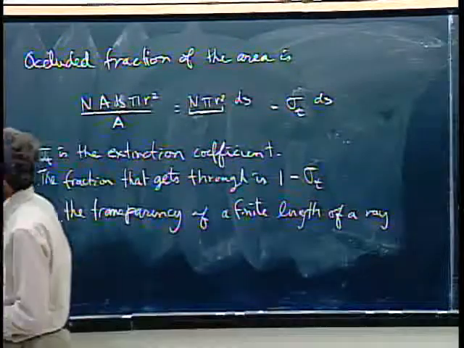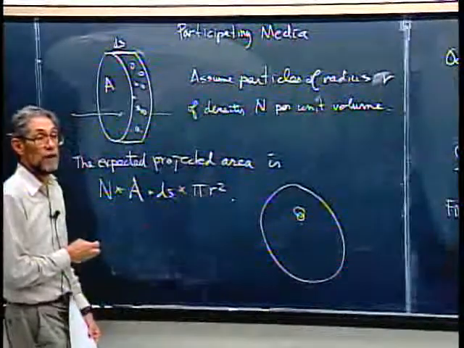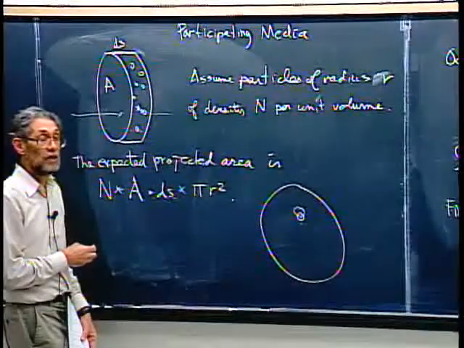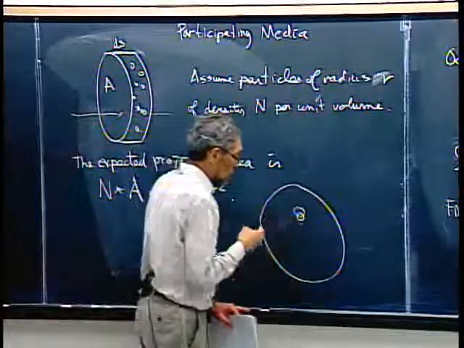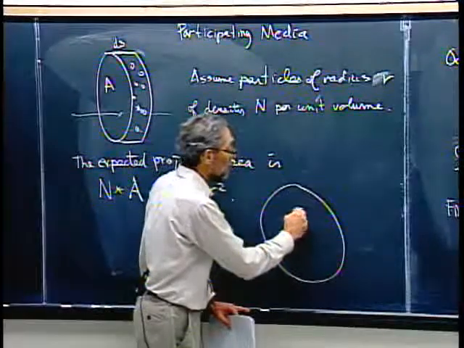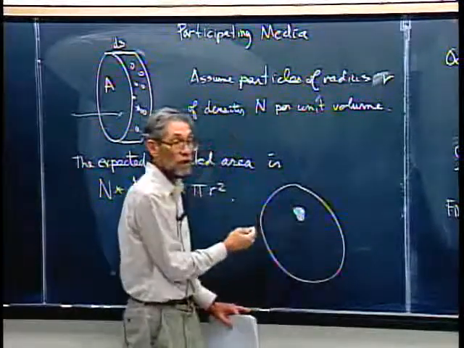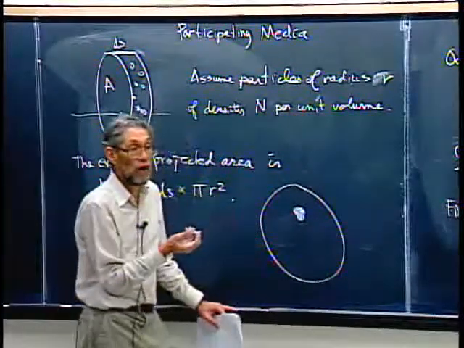Suppose these particles are actually glowing, like hot soot particles in a flame, right? Then for the fraction that you're looking at, the stuff behind this slab, what you're going to see for the fraction that isn't getting through is the color of the glow. And that's going to show up as volume emission.